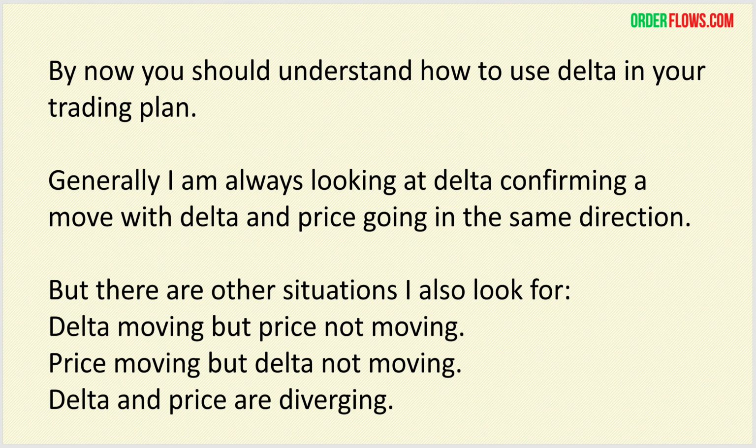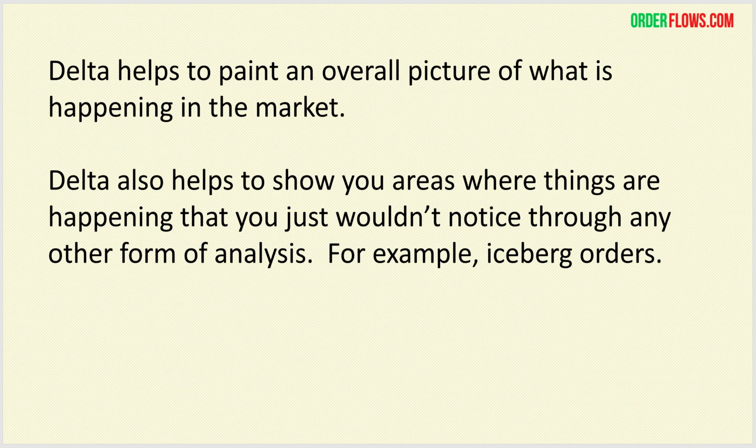Now remember, Delta helps to paint an overall picture of what's happening in the market, but it also helps to show you areas where things are happening that you just wouldn't notice on any other form of analysis. For example, iceberg orders. I talked about this in the first lesson. Iceberg orders are a form of aggression, but it's aggressive behavior by a trader as opposed to aggressive buying or aggressive selling.